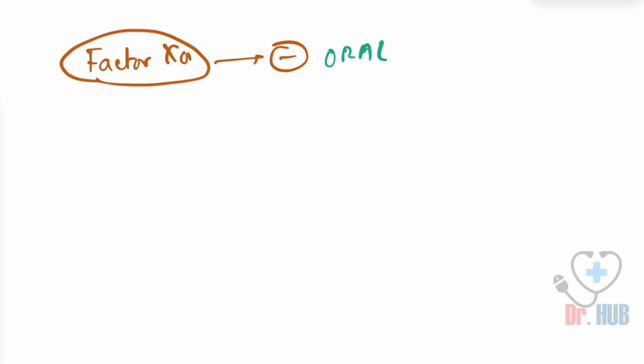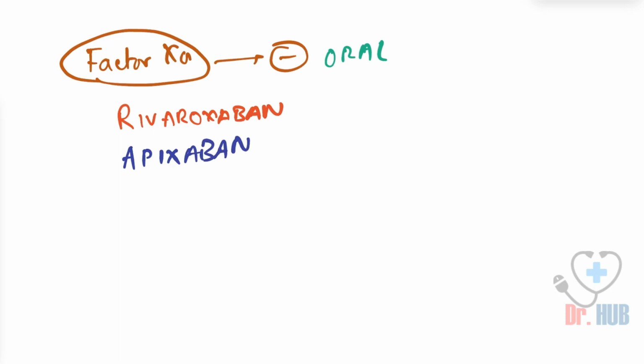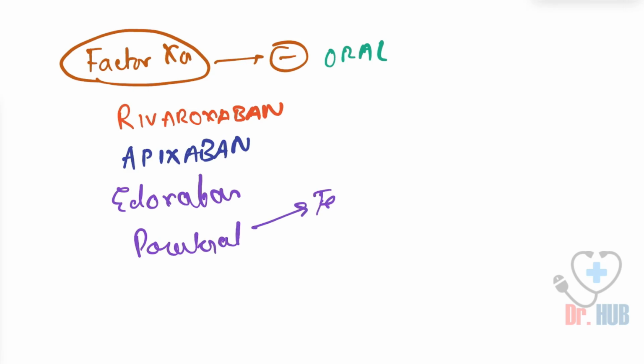Under oral, it includes rivaroxaban, next apixaban, then edoxaban. And parenteral, it involves the fondaparinux. Factor 10A inhibitors, as the name suggests, inhibit 10A.